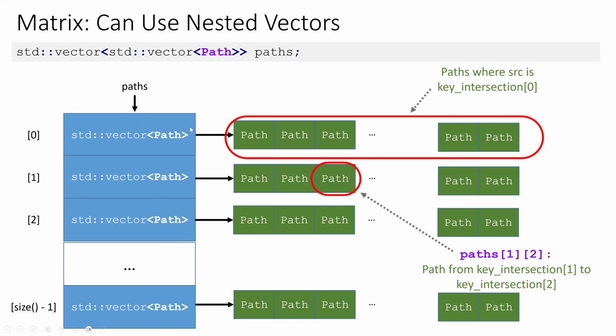So this first row is all the entries in my matrix where the source intersection is index 0, our first interesting intersection. And this entry would be the paths from the source intersection whose index is 1 to the intersection whose index is 2, from our interesting intersections vector.